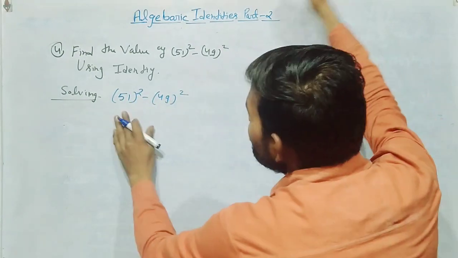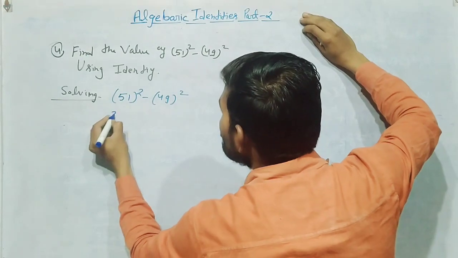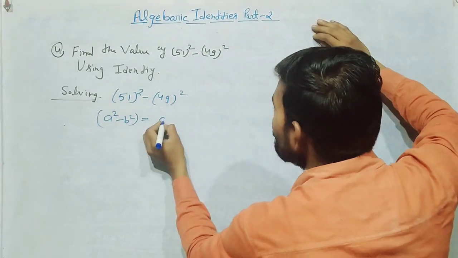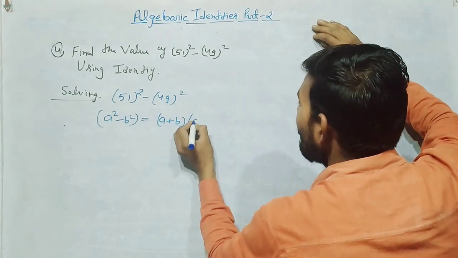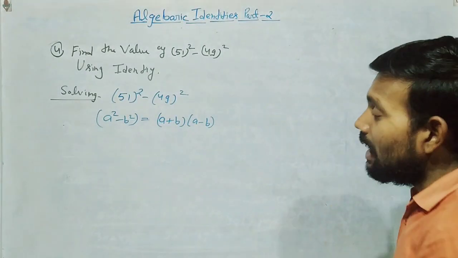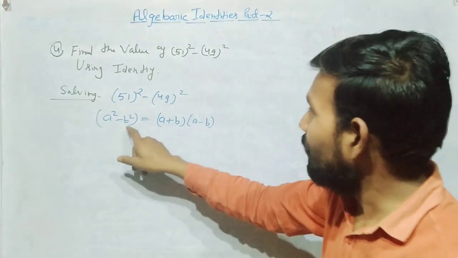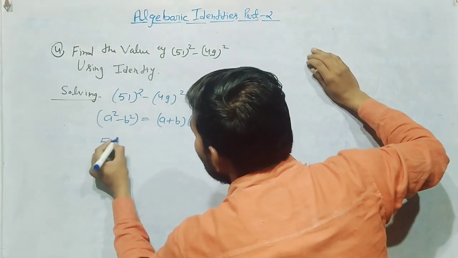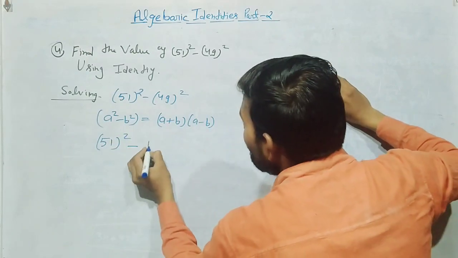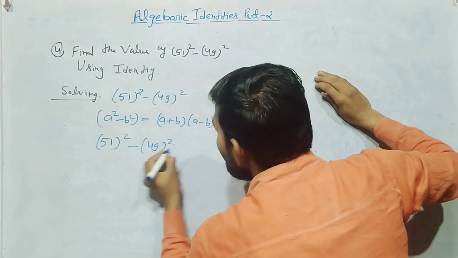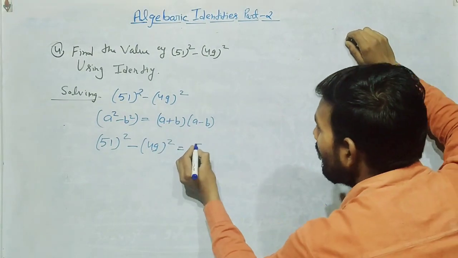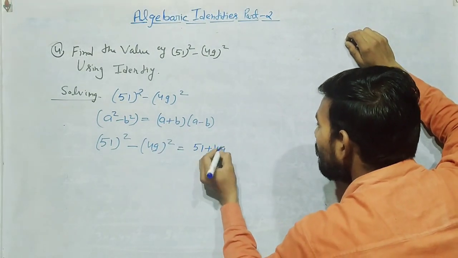That means this is in the form of a square minus b square. A square minus b square means a plus b first bracket, a minus b second bracket. Here a means 51 and b means 49. So a can be replaced as 51 and b can be replaced as 49. A plus b, 51 plus 49, that means 100.